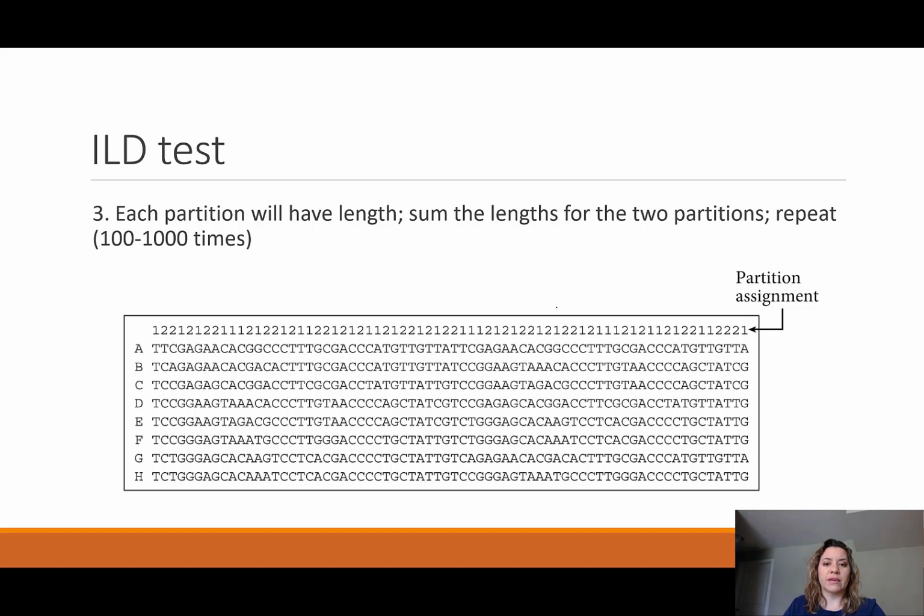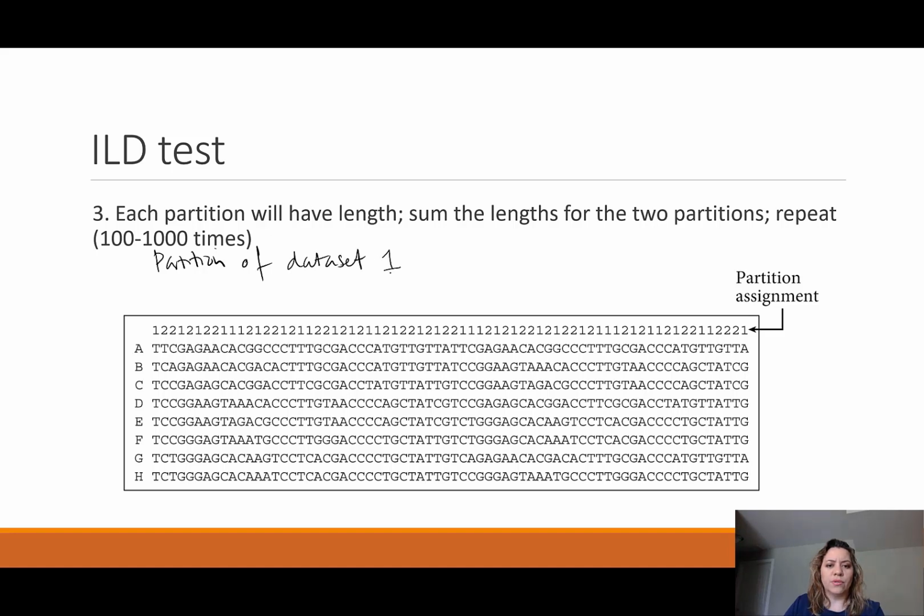You sum the lengths of the two partitions, which was, what was the number? 68. And then what you do for the ILD test is you do the same for your combined partition, right? How long is the tree for your combined partition? And what it does in the calculation is it looks for the partition that is built on data set 1.